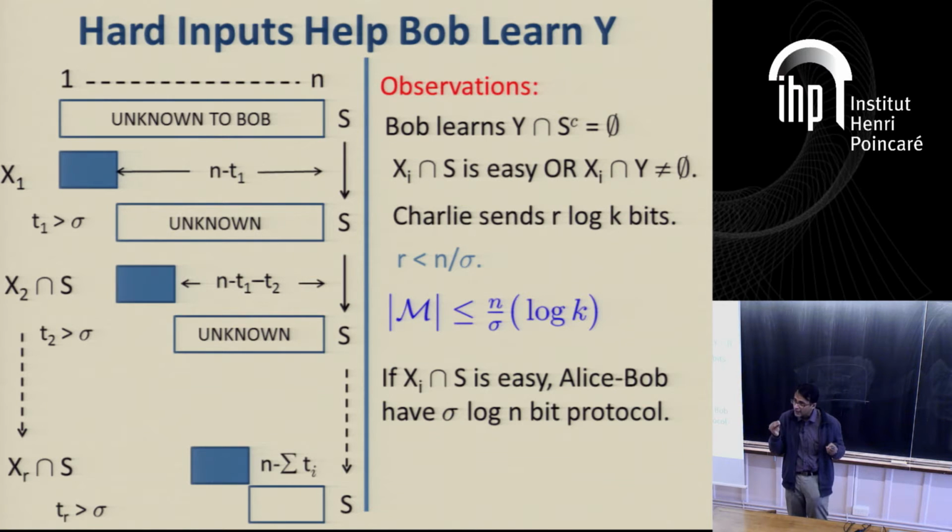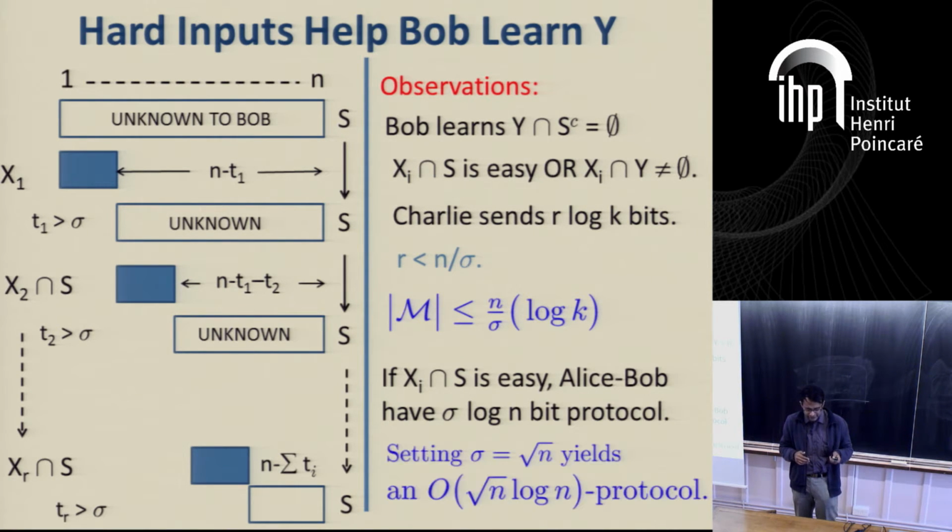And if he finds that it is less than sigma, then he doesn't know. So he transmits to Alice the projection of xi onto S, only that part. Okay, because the intersection is contained completely within S. And so transmitting that, by assumption, takes sigma log n bits, right, because it's smaller than sigma.